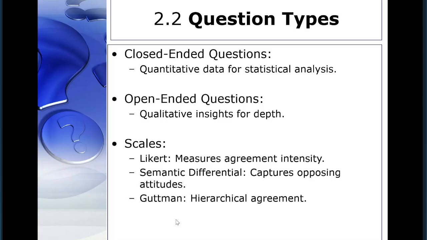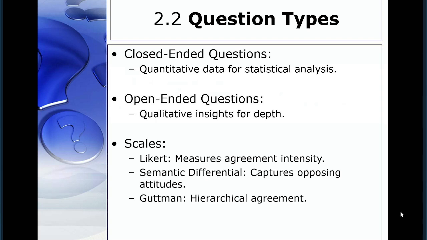Scales enhance measurement accuracy. The Likert scale gauges agreement intensity. The semantic differential scale contrasts attitudes, for example, from unfavorable to favorable. And the Guttman scale measures hierarchical agreement.